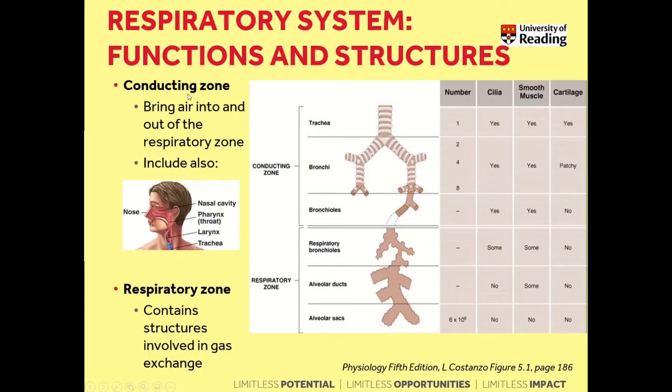So the conducting zone is responsible for bringing the air into and out of the respiratory zone. And the respiratory zone is essential for the exchange of gases between the atmosphere and our lung. This zone is the area that contains structures involved in oxygen and carbon dioxide exchange.